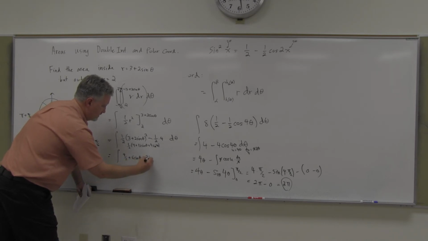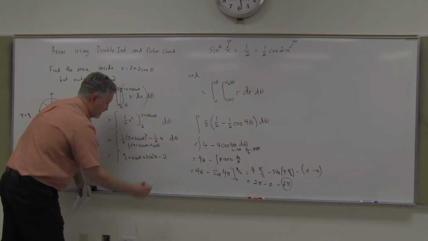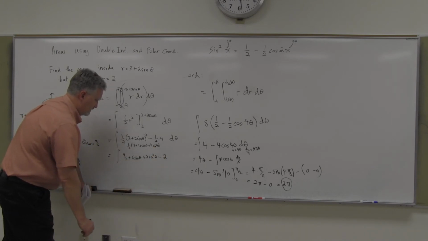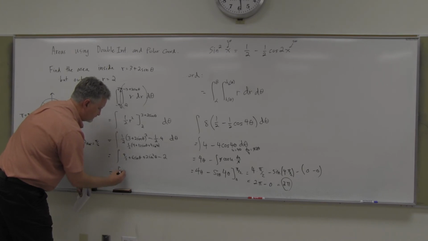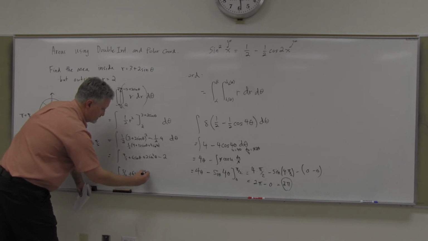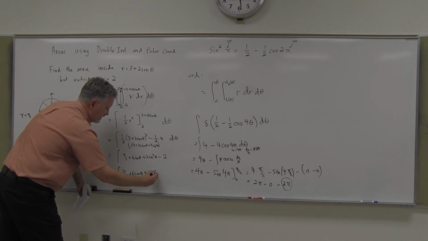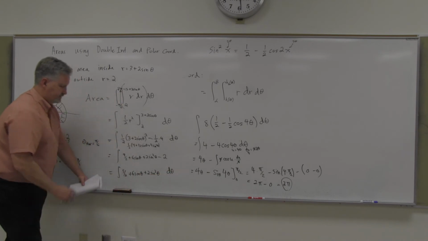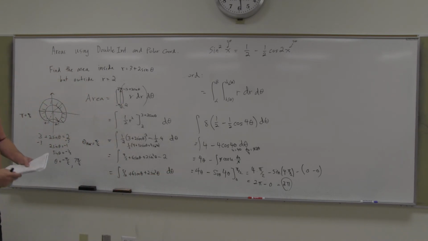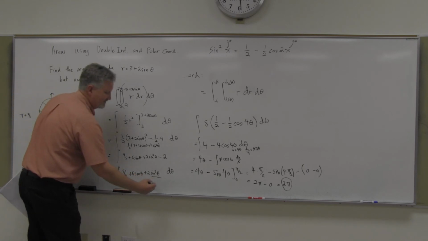Plus 2 sine squared theta, and then we got the minus 2 there, which all that does is 4.5 minus 2, so it'll be 2.5, 5/2 plus 6 sine theta plus 2 sine squared theta. The only hard part about that is this one again.